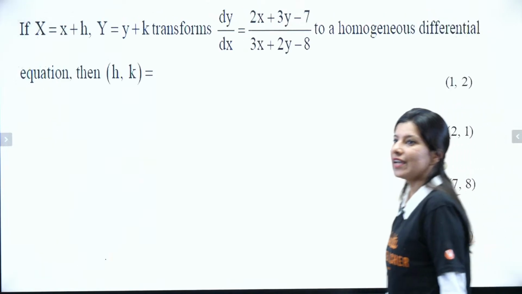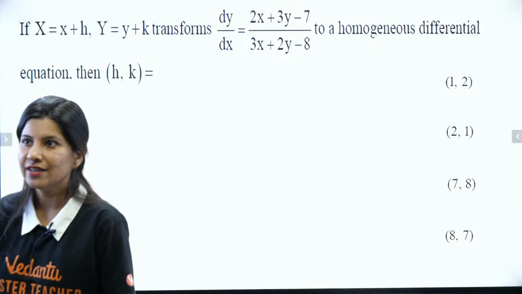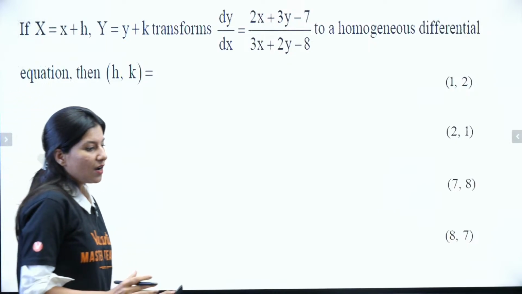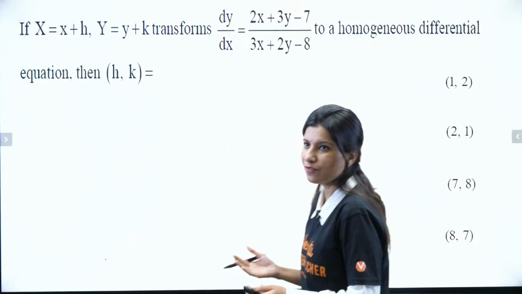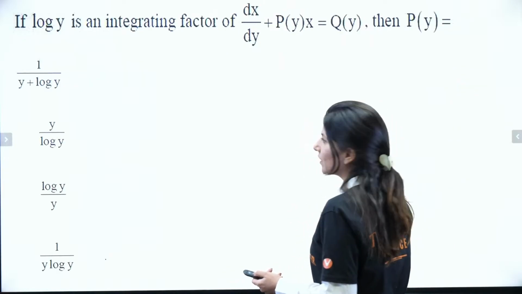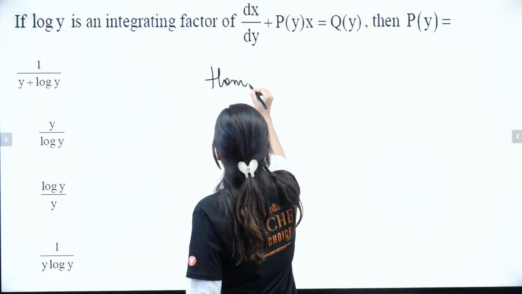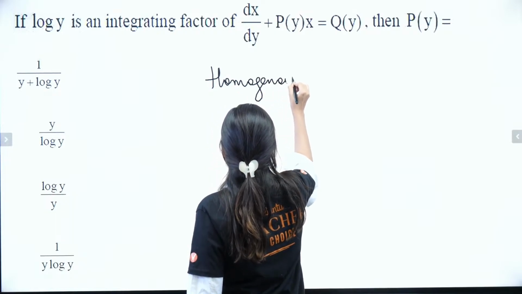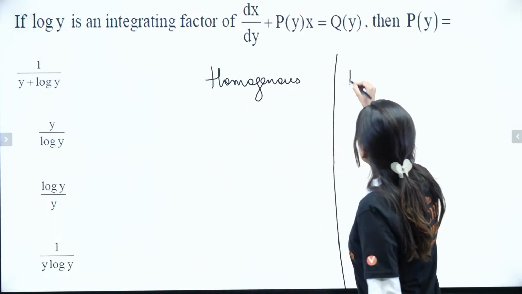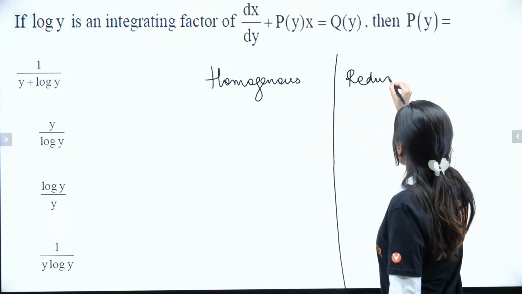All right, and we have the last question of the day, which is, by the way, reducible to homogeneous. So for that, let me just teach you something. What is homogeneous? And what is reducible to homogeneous?